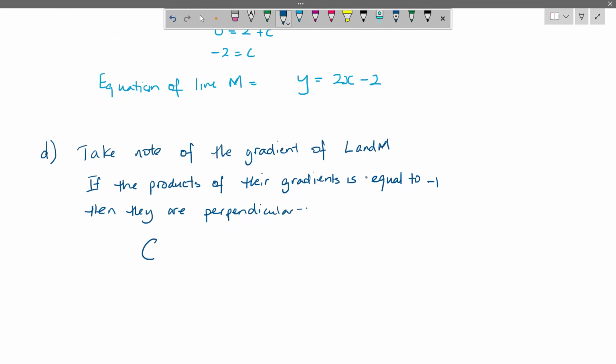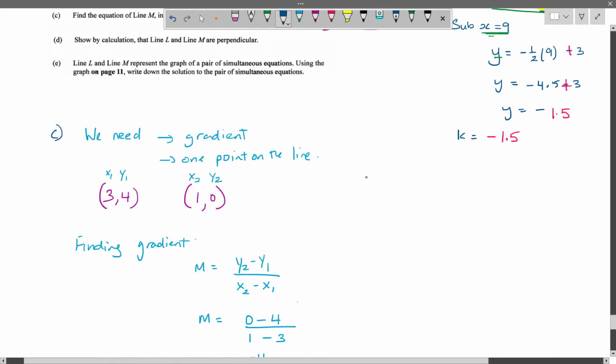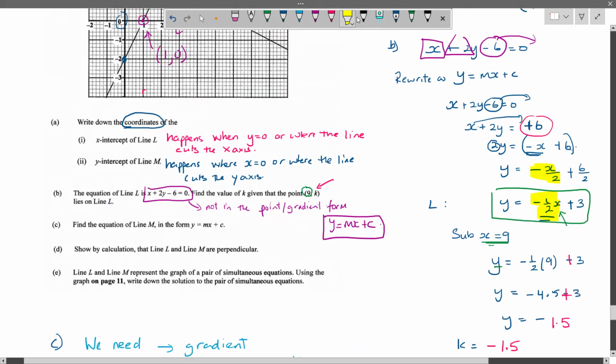So let's see. Gradient of M here is 2, right? And gradient of L, we go back up here. This is the gradient of L here. Remember, negative a half.